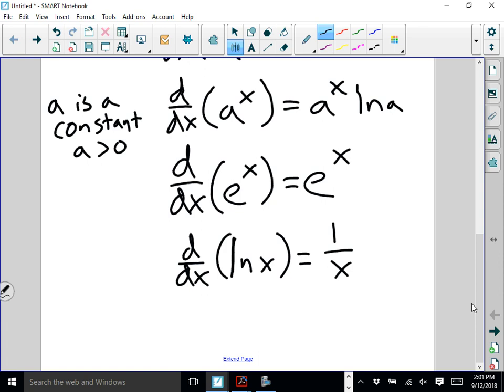What I want to do now is just a couple of sample problems. And we'll mix in finding derivatives at a numerical value, as well as writing equations of tangent lines.